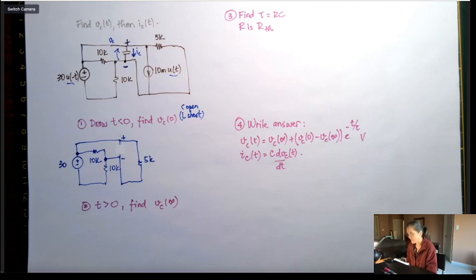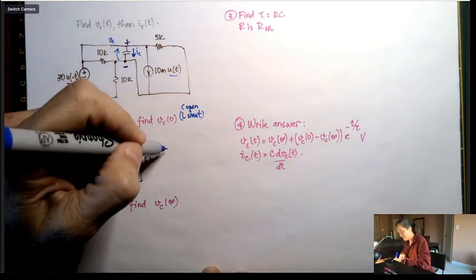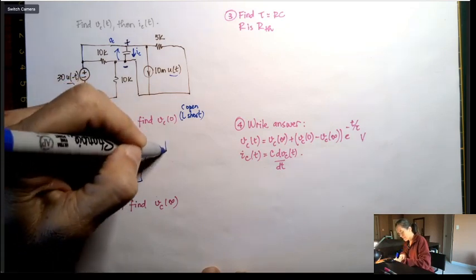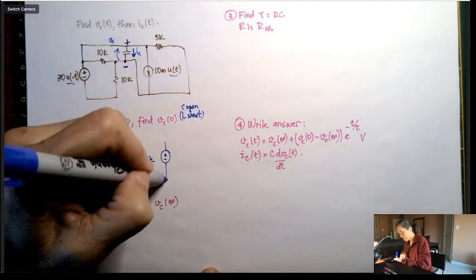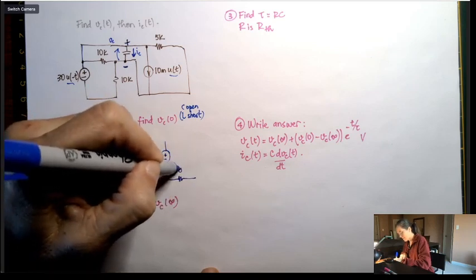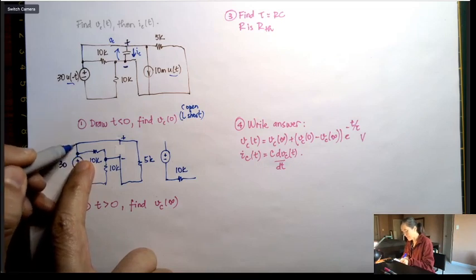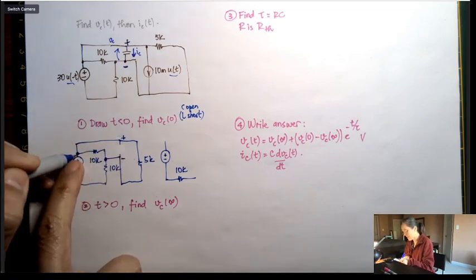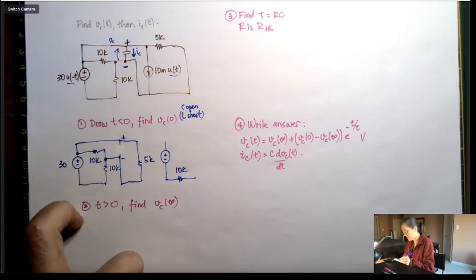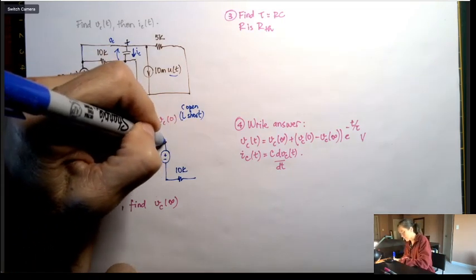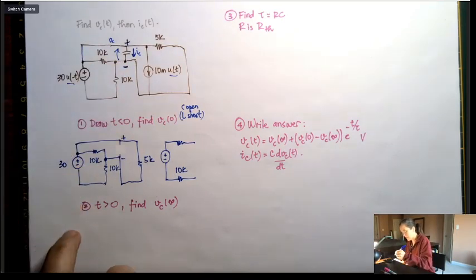So I'm going to redraw this to make it a little bit simpler. Am I able to redraw it simpler? Let's take a look. So this 10K, I'm going to put it here. And then this here is all the same node as the other 10K, so this here is the 10K and it's the 5K.